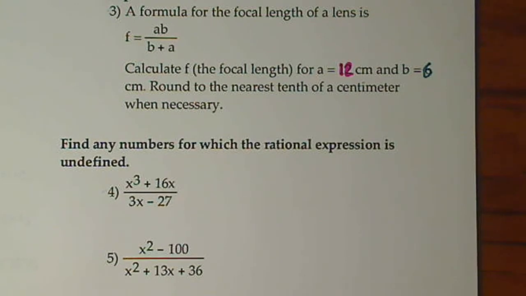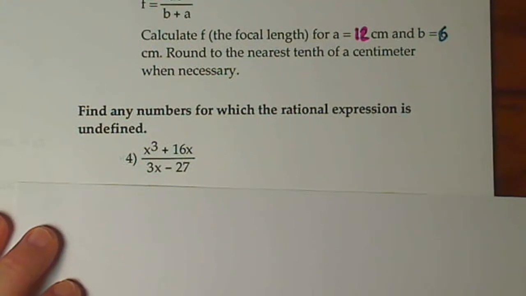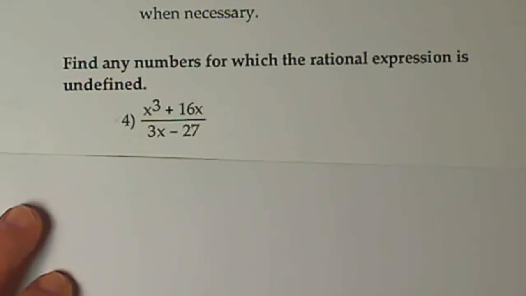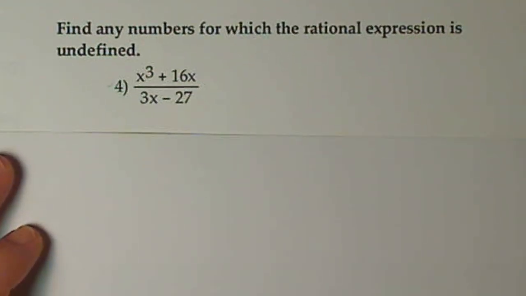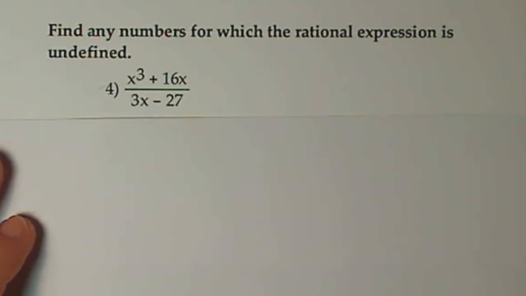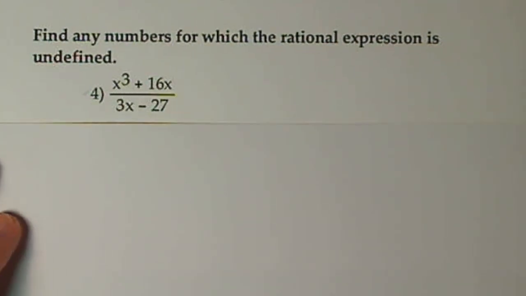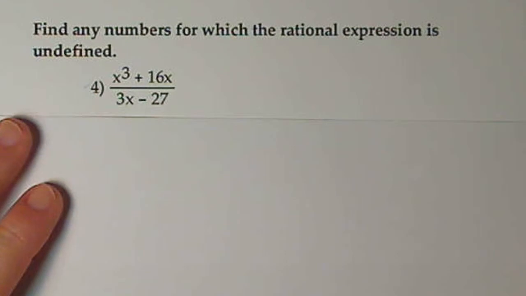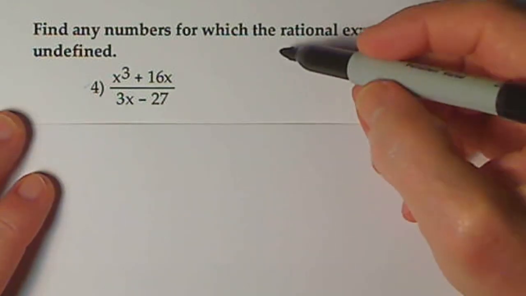We'll also deal with number 4 here. And perhaps zoom in a little. Okay, find any numbers for which the rational expression is undefined. Remember, this is something we've talked about a fair bit. Just a quick review here, okay?